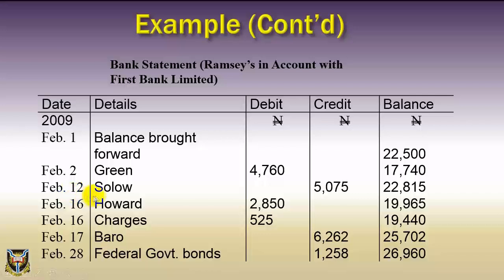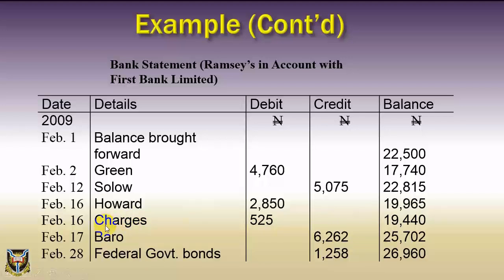February 12. Details: Solo, credit 5,075. Balance 22,815. February 16. Details: Howard, debit 2,850. Balance 19,965.